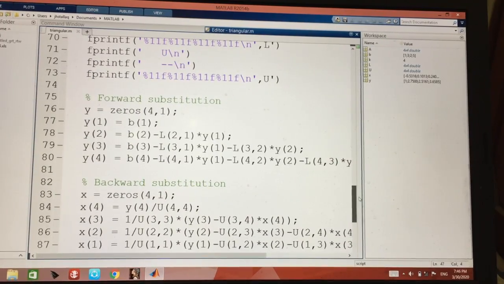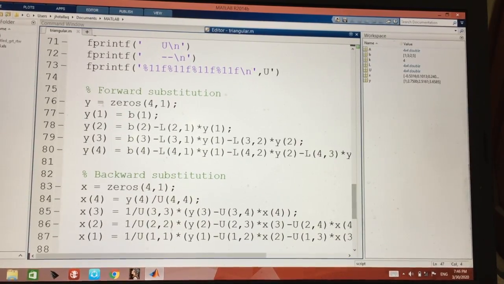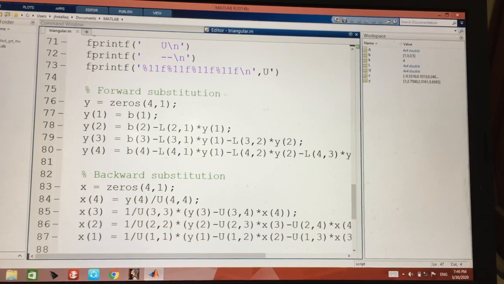Then when we come to forward substitution, we first assume that Y is a column vector, 4 elements, okay, of 0 values, and we perform forward substitution. First obtain element Y1, then Y2, then Y3, then Y4.